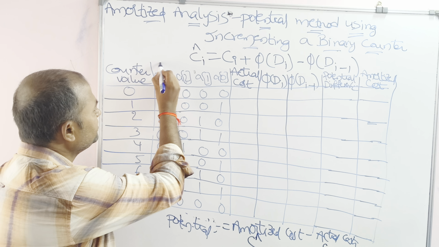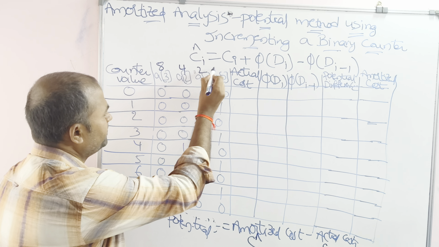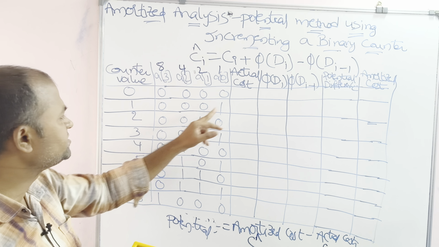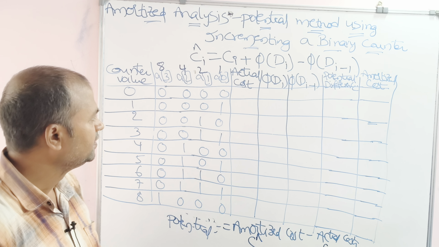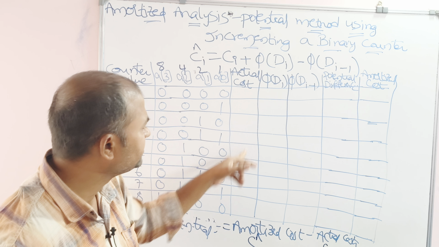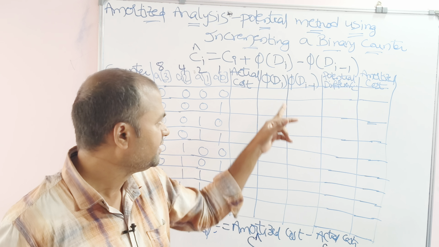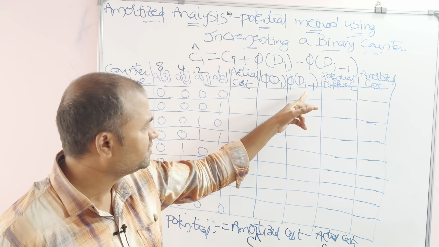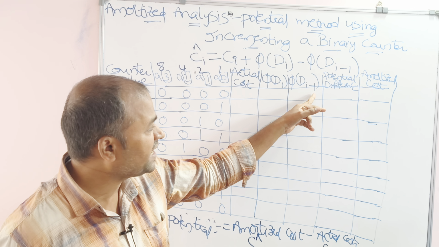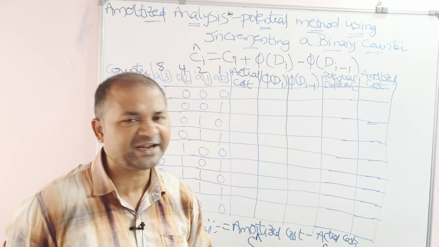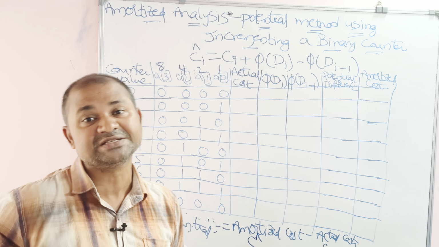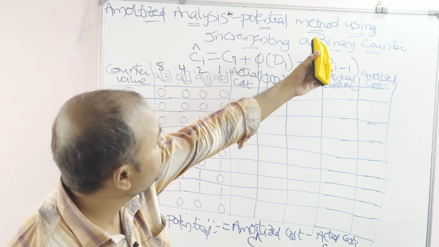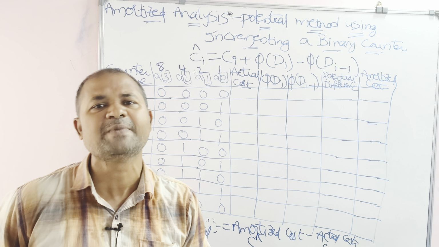Here we are using 8421 binary notation, so 1 means 0001, likewise 8 means 1000. The next column represents the actual cost, then Φ(Di), then Φ(Di-1), then the potential difference and the amortized cost. Here we are calculating the amortized cost for the potential method using incrementing a binary counter.